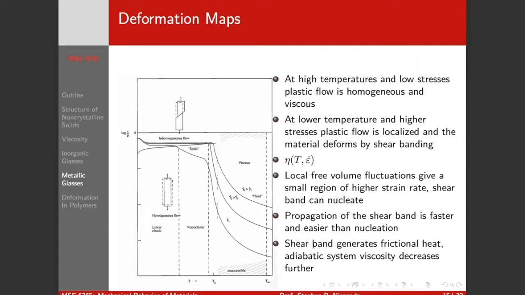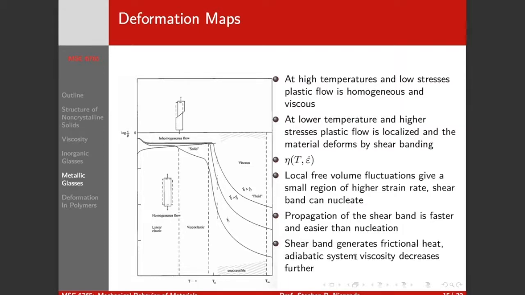And the shear band generates frictional heat, and this happens so quickly you can think about it as adiabatic. So you have local heating, which is going to greatly reduce the viscosity within the shear band. So once the shear band starts, it's a lot easier to keep deforming along that shear band than it is to nucleate a new shear band.